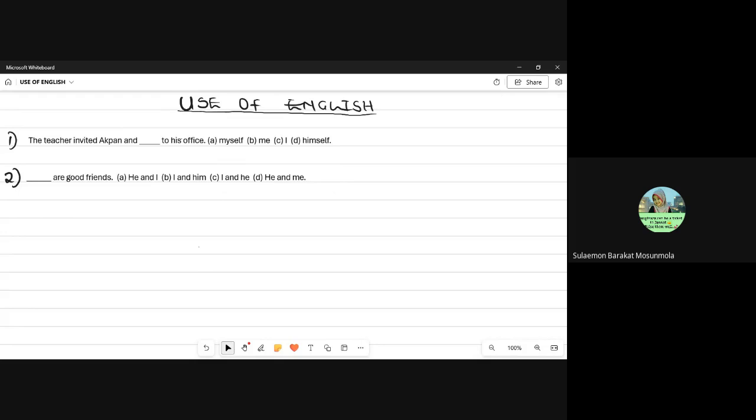This is on arrangement of personal pronouns, and I think I gave one special rule in the last class. I have one on personal pronoun and one on reflexive pronoun. You have the answers mixed, though the question is on arrangement of personal pronoun too, but you have some reflexive pronouns there as options. So let's see how far you can go with these two questions.